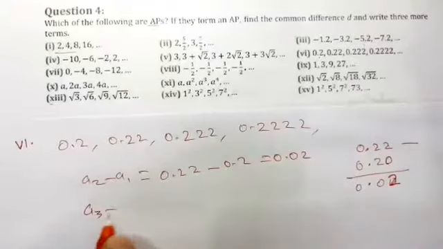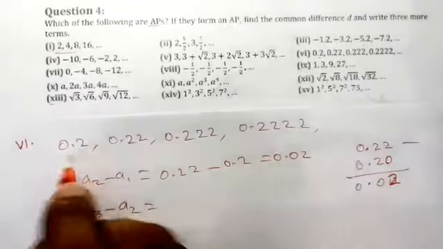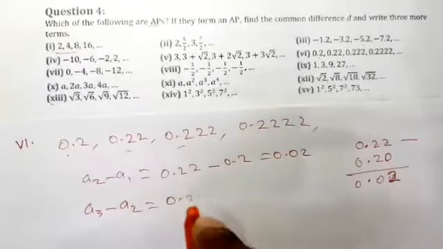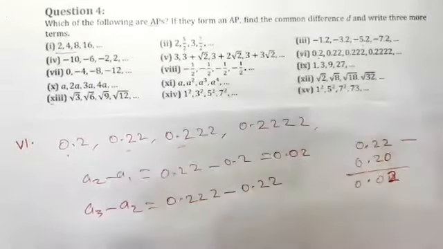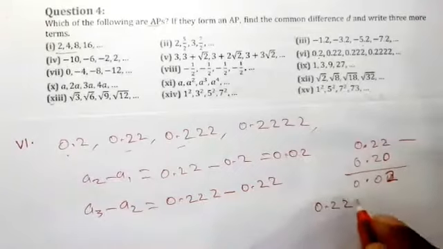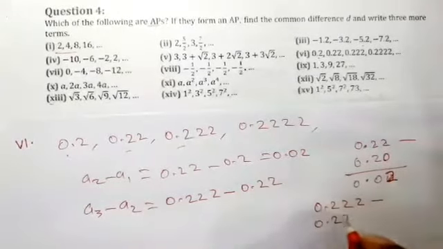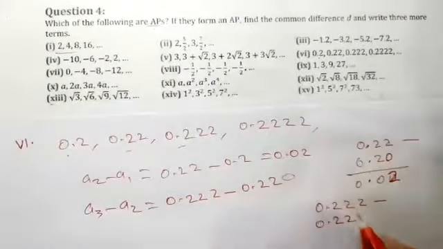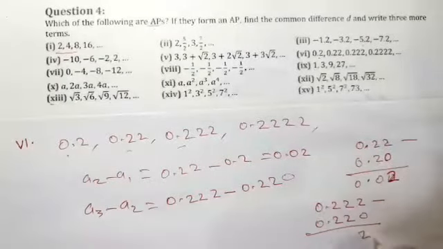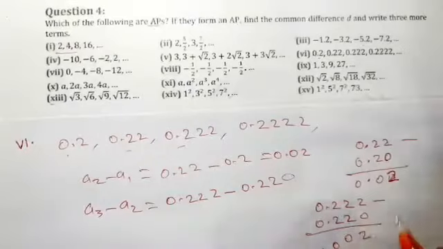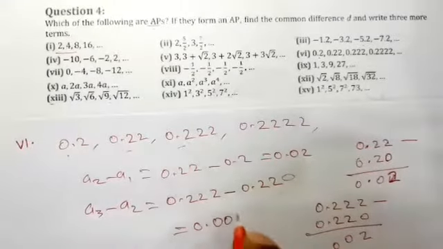Now we can think about A3 minus A2. A3 means the third term. Your third term is 0.222 minus 0.22. We can subtract this. Here no term means we can give 0, only on the right side we can give zeros in such a way. So here 2, here 0, here 0. So the answer is 0.002.